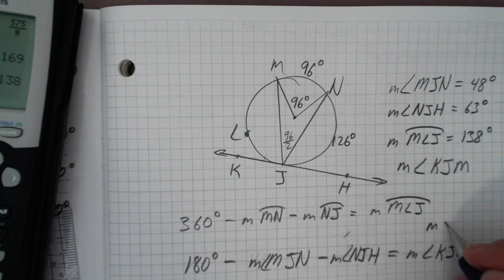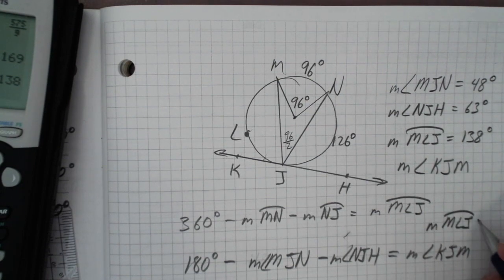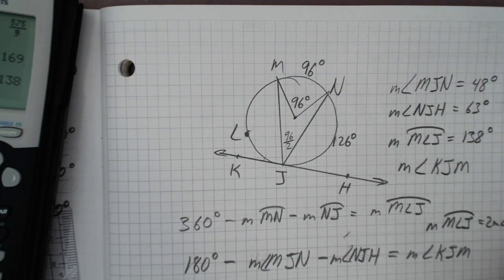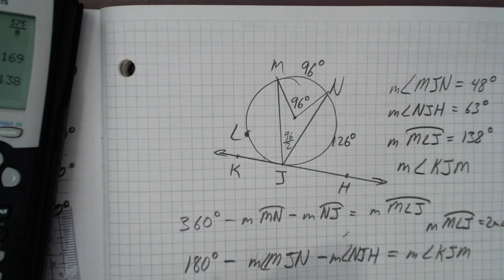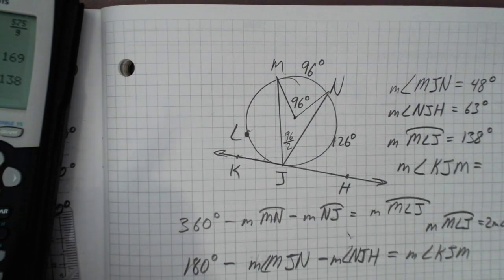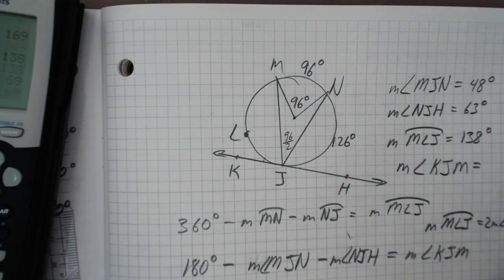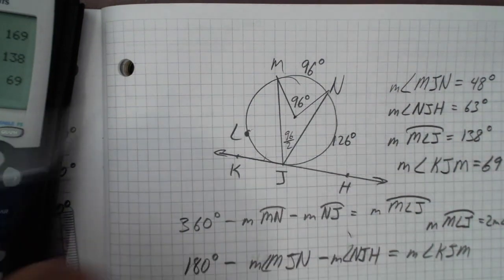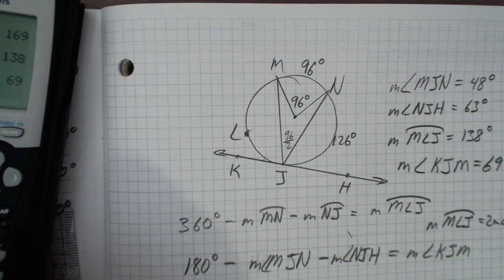And we do know that the measurement of arc MLJ is equal to 2 times the measurement of angle KJM. Okay, this one will now be 69 degrees. So 48 plus 63 plus 69 is equal to 180.